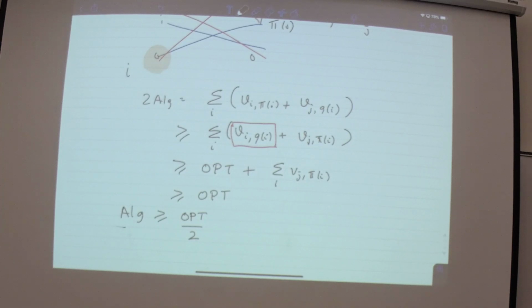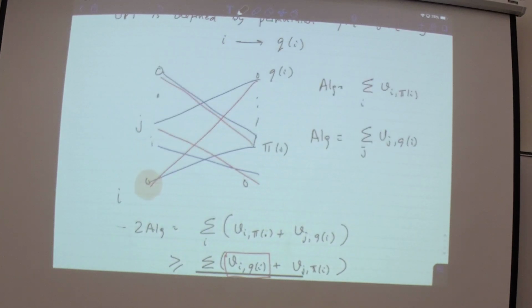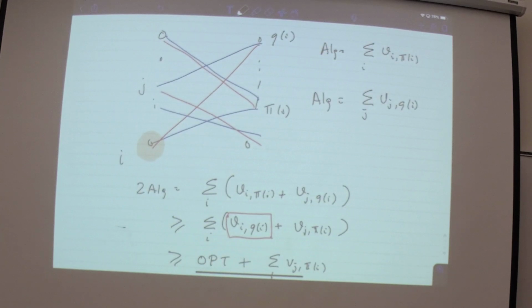Yes? I still don't understand the J index here. It's not fixed, that's what makes it a little sloppy. But let me try to be more clear about this.